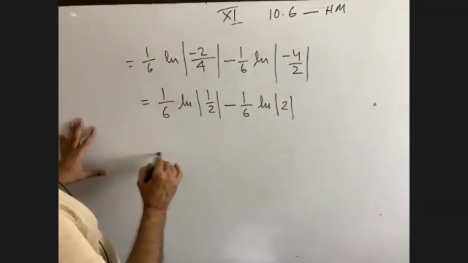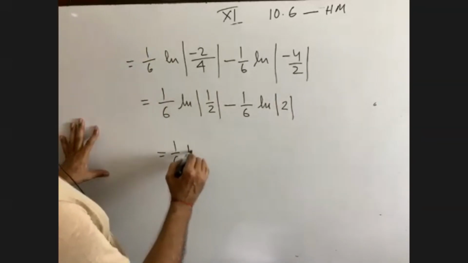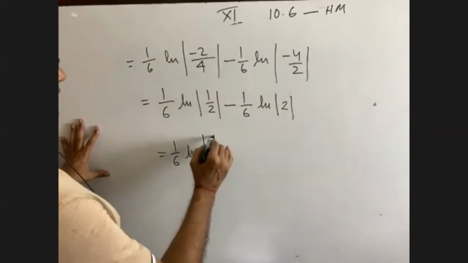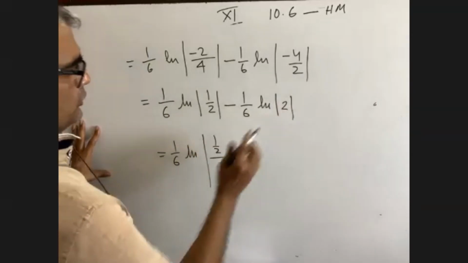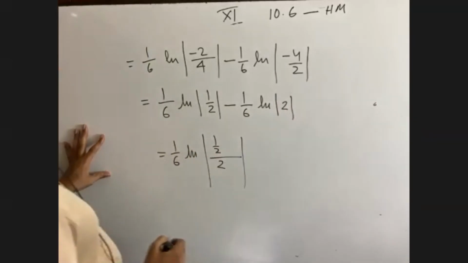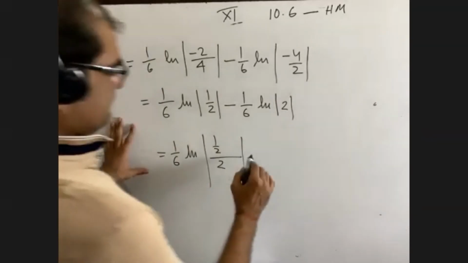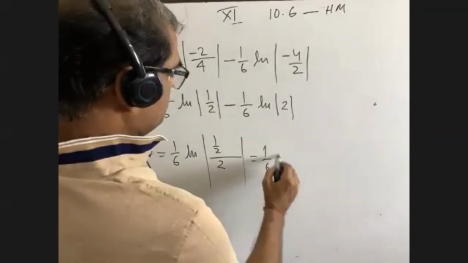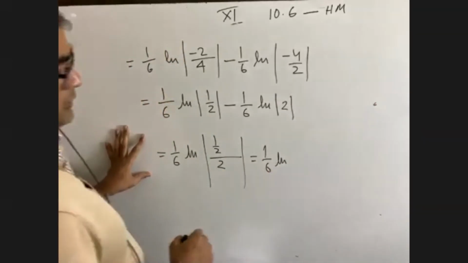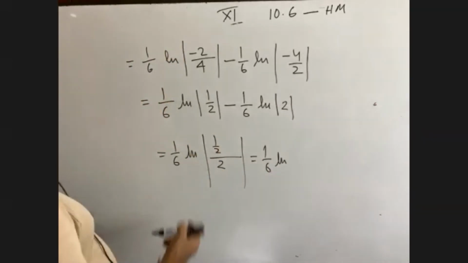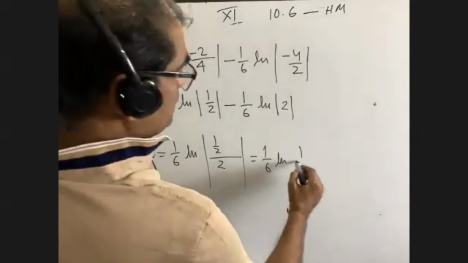That means we are getting 1 by 6 ln half divided by 2. It is minus. So half divided by 2 means what? 1 by 6 ln, what is the value? Half, that is again 1 by 4.